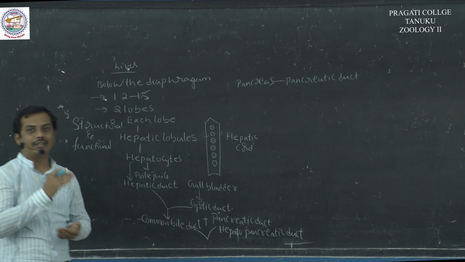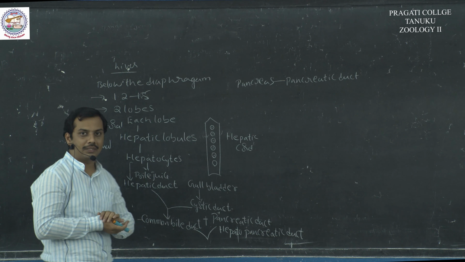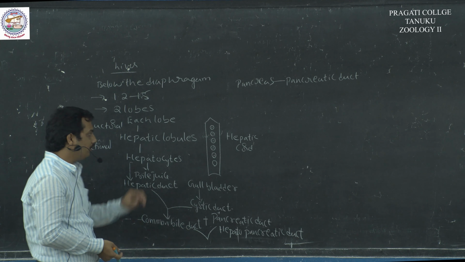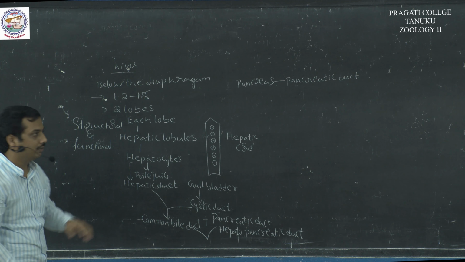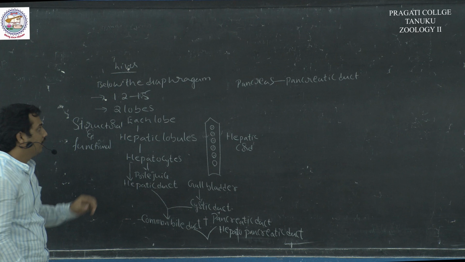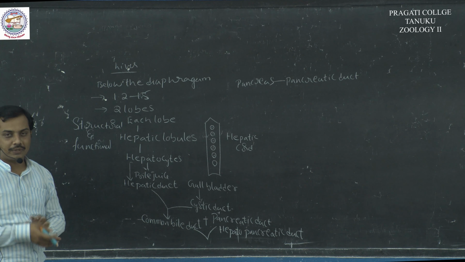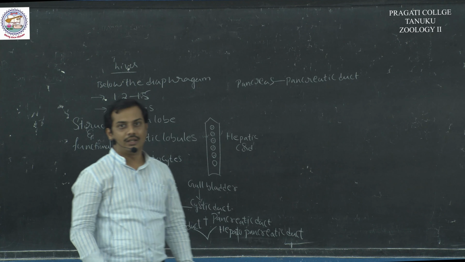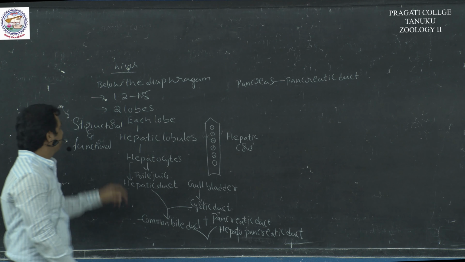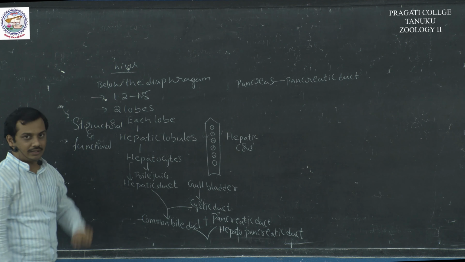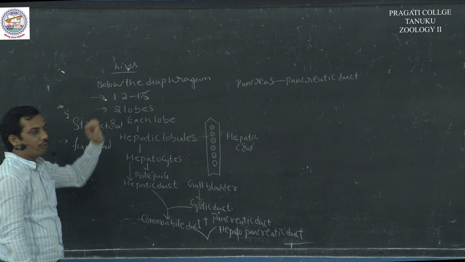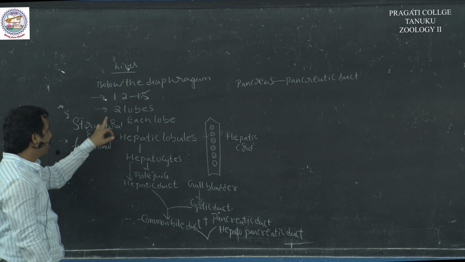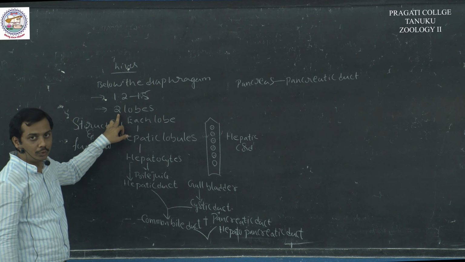We have already learnt this concept in the last session also. Once again, I am recalling the structure of the liver. Liver is the largest gland present in our body. It is present below the diaphragm on the right side. It weighs nearly 1.2 to 1.5 kg. The liver consists of two lobes.